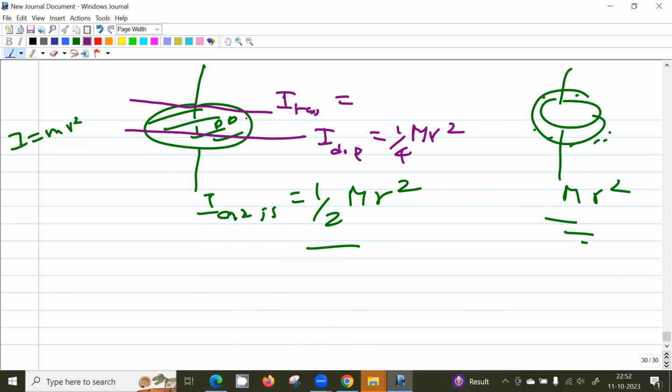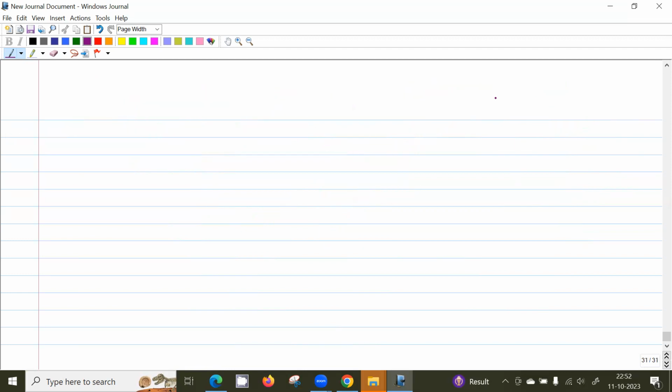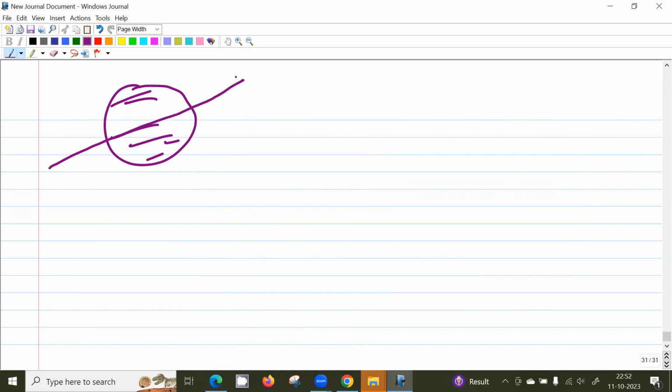That is I about the diameter plus mass into the distance between the two axes, that is r, mr square. Then similarly, you can have the moment of inertia of a solid sphere about the axis passing through the center. And similarly, I can have a spherical shell.